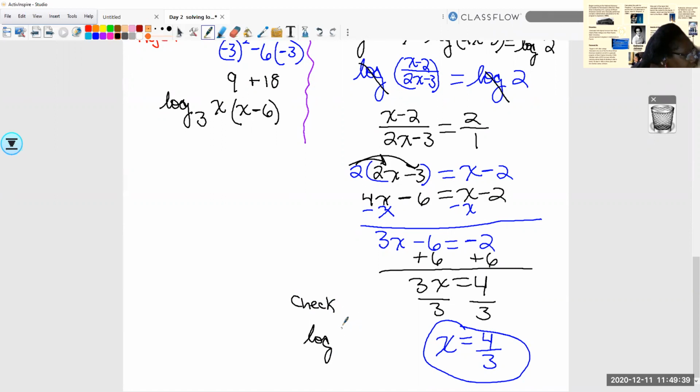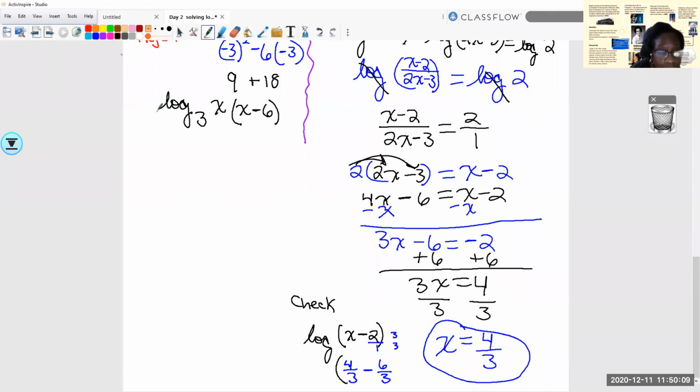And it is log of x minus 2, which is going to be our x value, 4/3 minus 6/3, because it has to be 2. We're going to make that denominator 3. We're going to multiply by the same thing, which is 6.